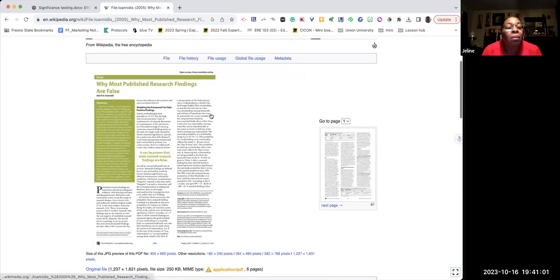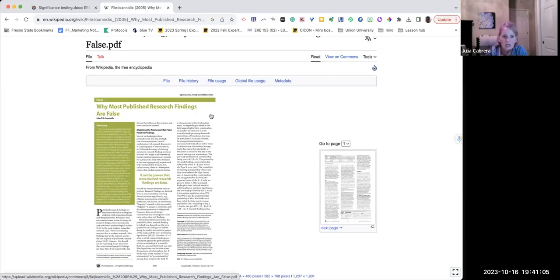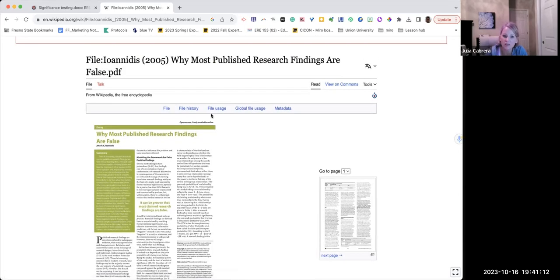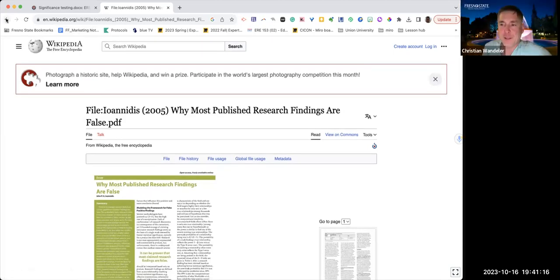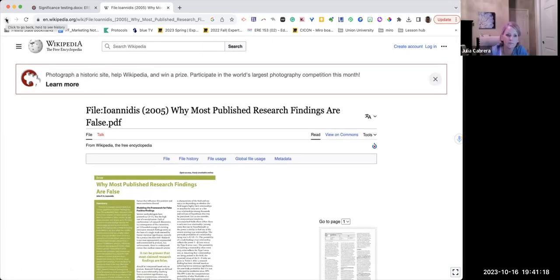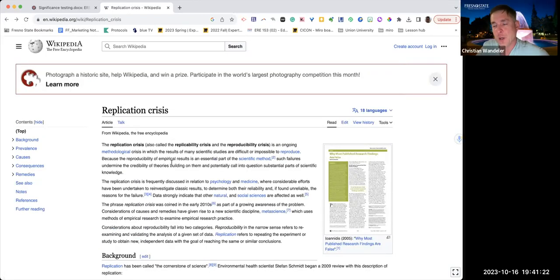Yeah, I think I did see this in the news recently. Did you? I didn't read the entire thing, but I do remember something about this. Is this just around psychology, or is it in other things too? I think it's in other things too. I'm sure it's in education for sure.